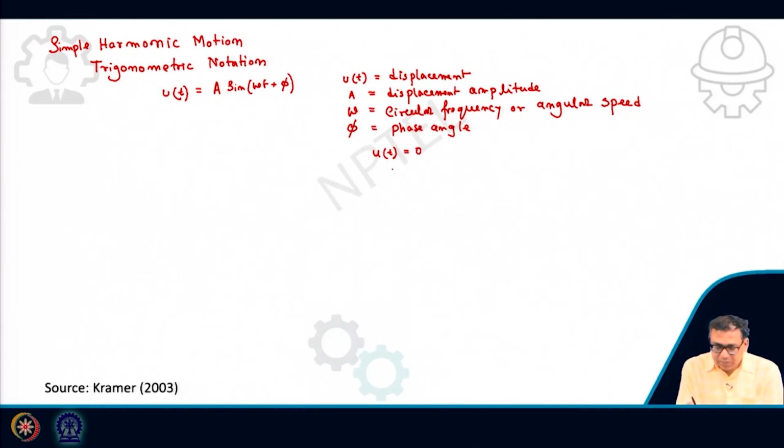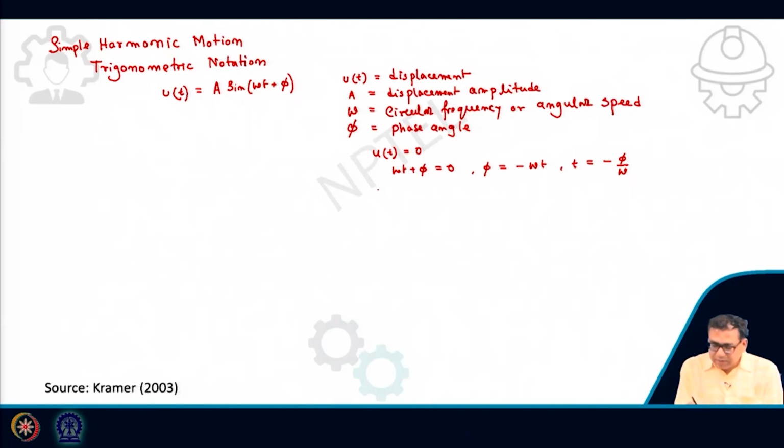That omega t plus phi should also be 0, because sin 0 is equal to 0, but A cannot be 0. So, now I can write that phi is equal to minus omega t, or t is equal to minus phi by omega. Okay.